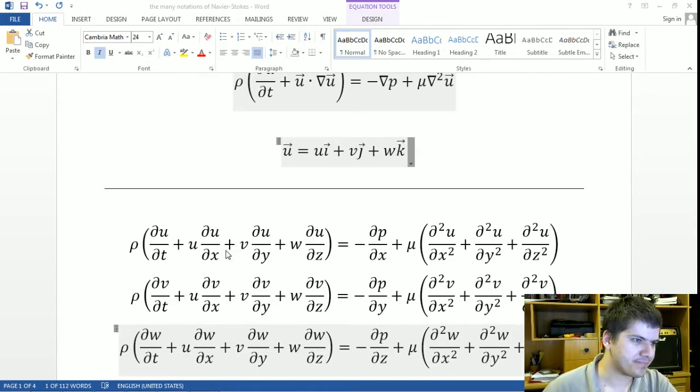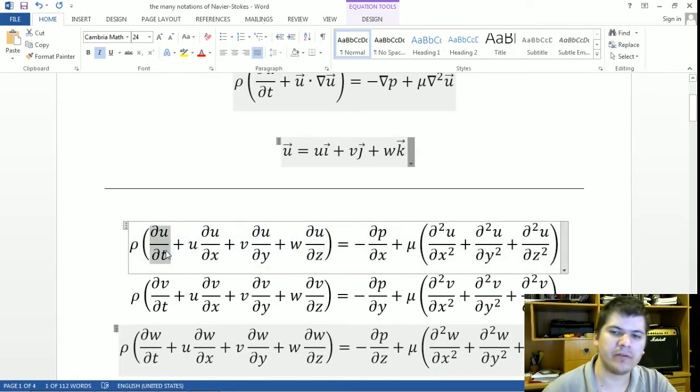So here we have our temporal term of acceleration. Here it is the convective acceleration, where we have three components of the u vector velocity vector multiplied by this tensor.